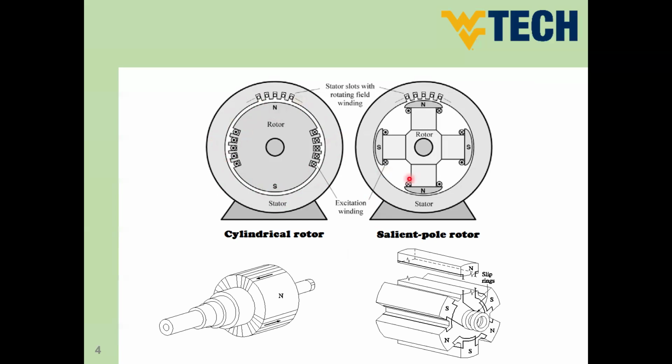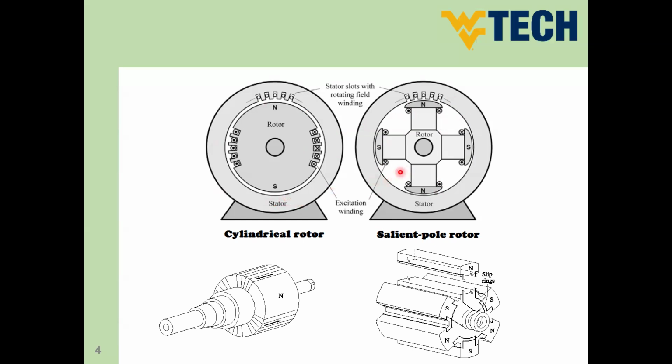The other type, guys, is called salient pole, because we have saliency in the rotor structure. As you can see, the air gap is not uniform like in the cylindrical type. So the salient pole has a non-uniform air gap, and the cylindrical has a uniform air gap.